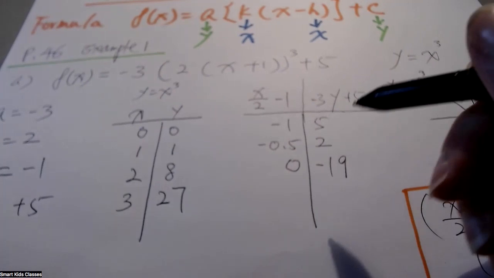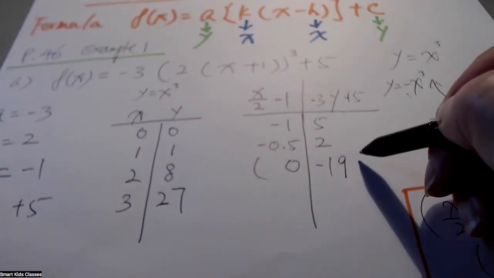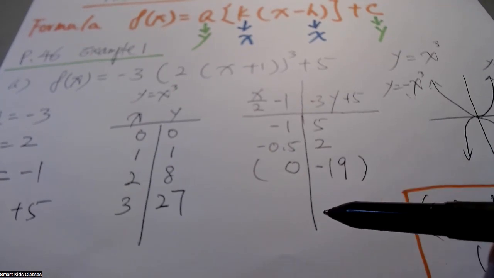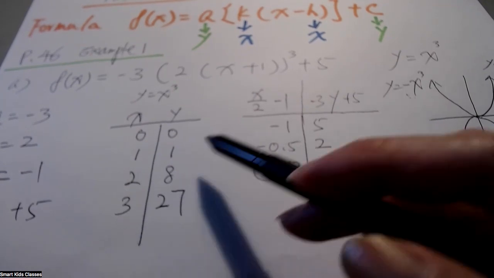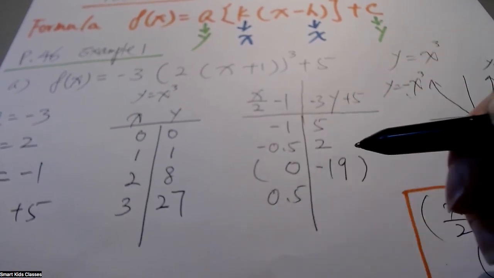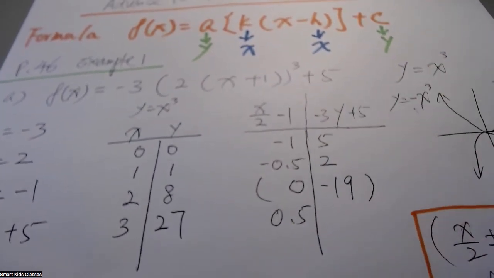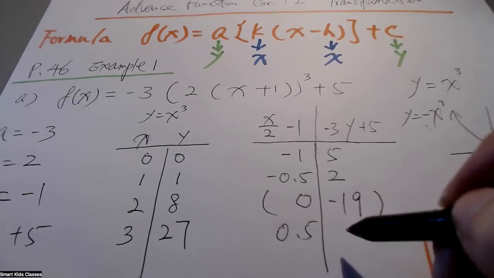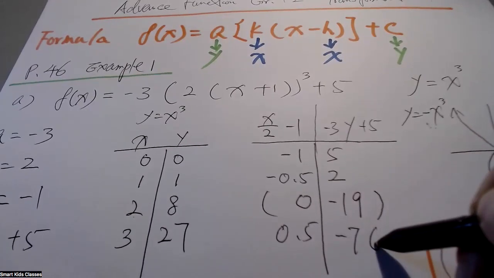So this is the y-intercept when x equals 0. Now the third point, it's going to be 1.5 and positive 0.5. How about 27 and -3? So 27 and -3 will be -76.